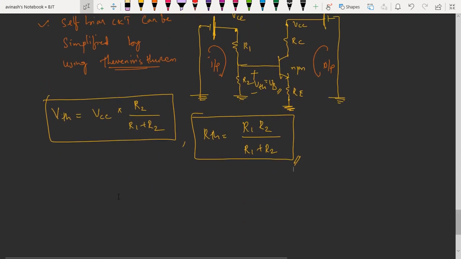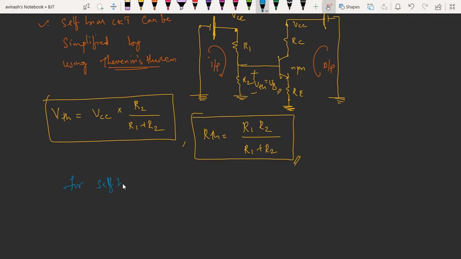For self-bias circuits, the stability factor S will be equal to 1 plus beta by 1 plus beta into RE by RB plus RE.